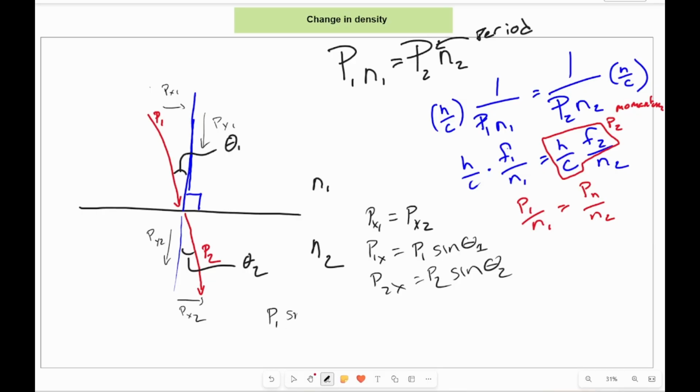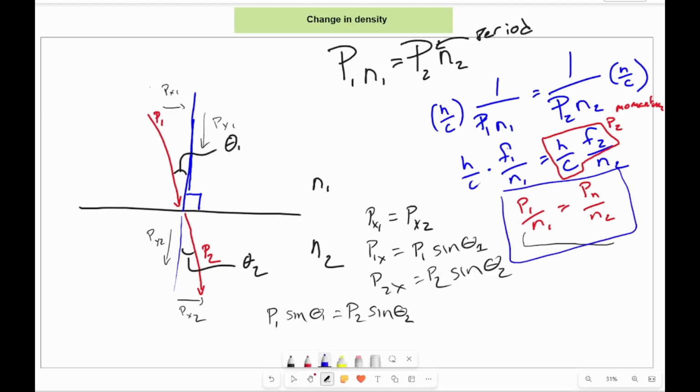P1 sine theta 1 equals P2 sine theta 2. However, we also have this relationship. Maybe this deserves to be boxed, where P2 is equal to P1 N2 over N1 from this.